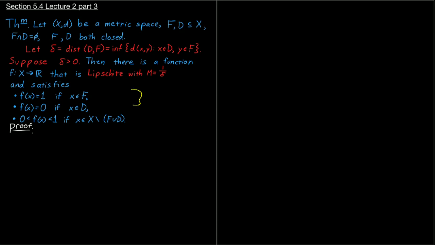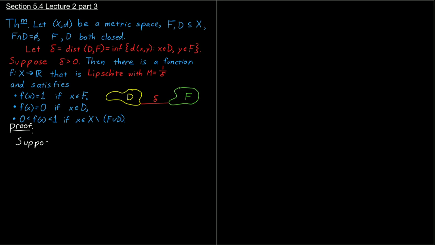So here is our region D. Here is our region F, and then delta is this distance between them. Now, first I'm going to prove that m has to be at least 1 over delta.